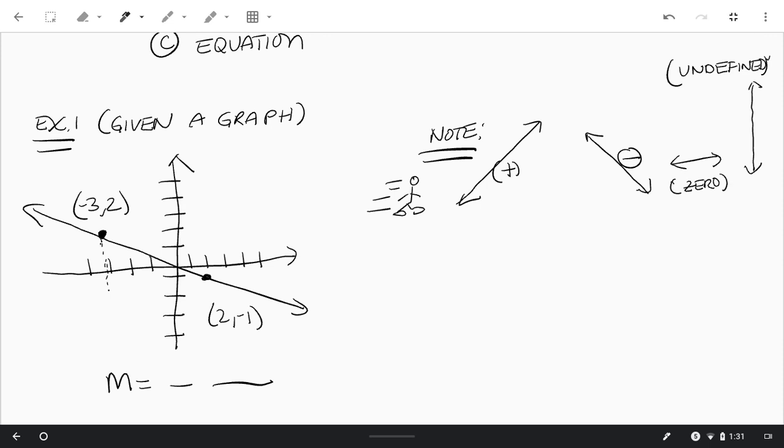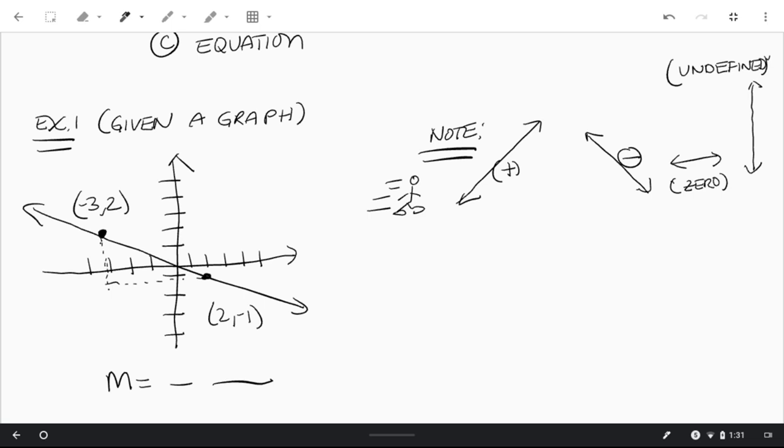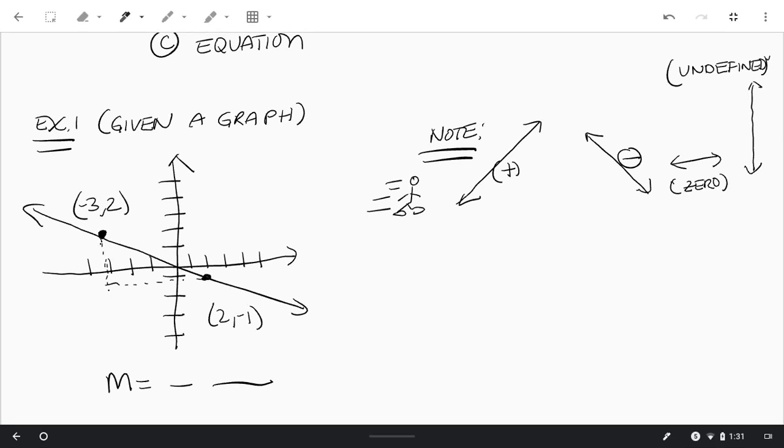Okay, so here we see that to go from here to here, it rises 1, 2, 3. So this is 3. And then it runs 1, 2, 3, 4, 5. Okay. So this distance here is 3. So the rise is 3.